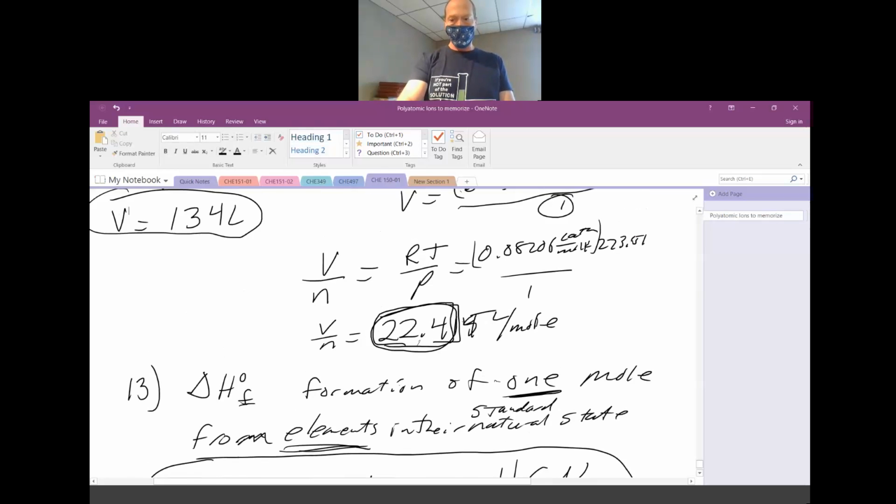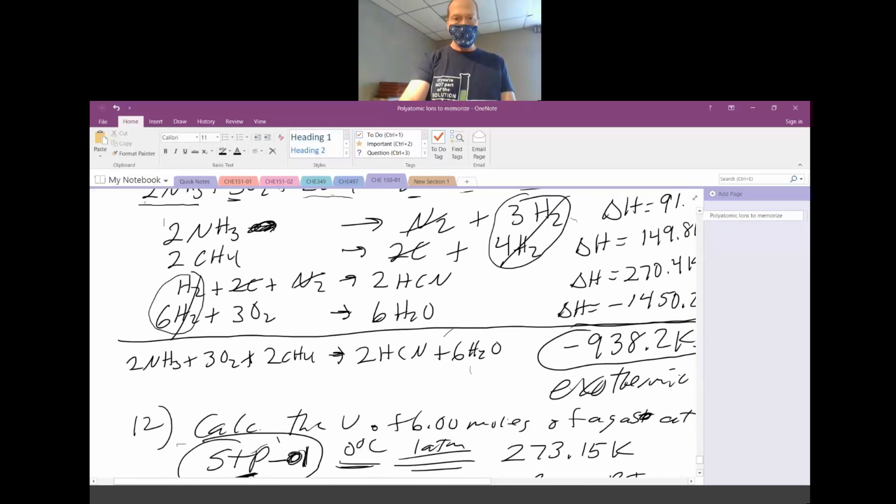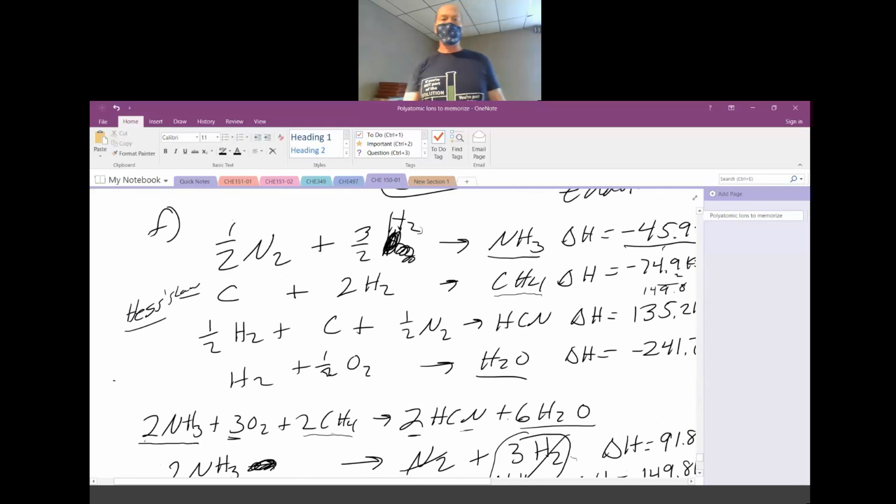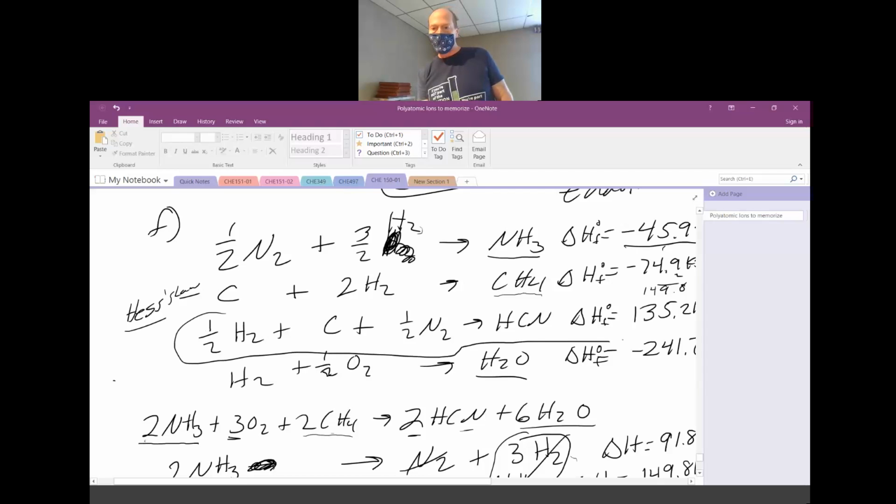Above here are 4 reactions that I gave you. All 4 of these are delta H naught formations. You see that this is exactly what I wrote, except I wrote gases and I wrote solid graphite.